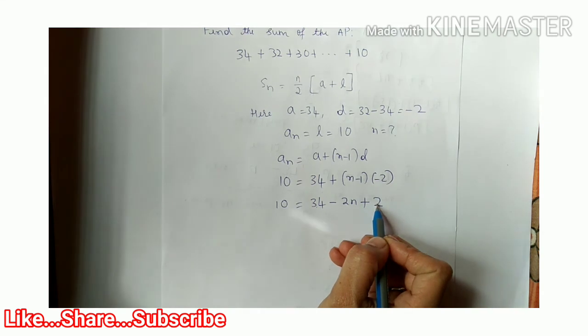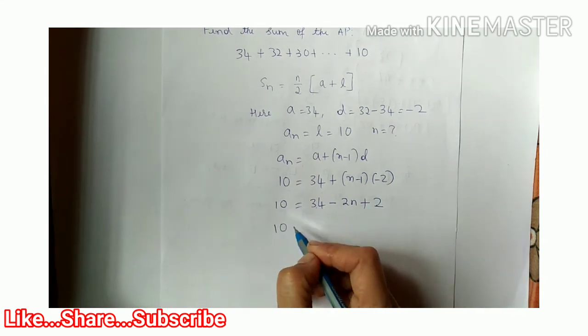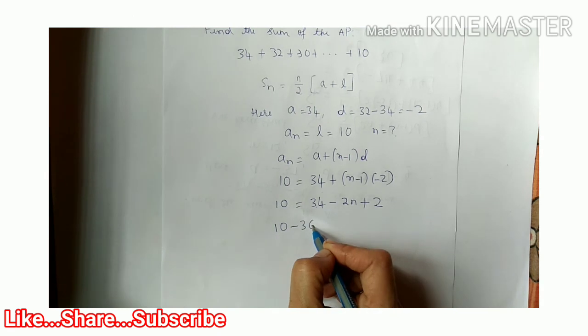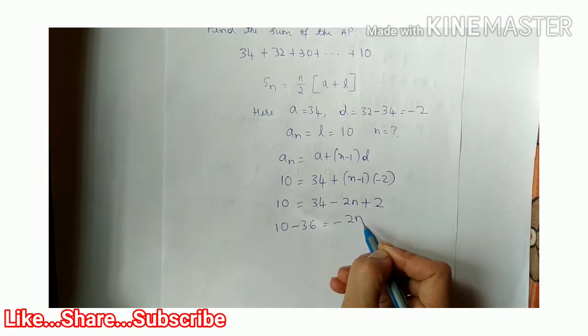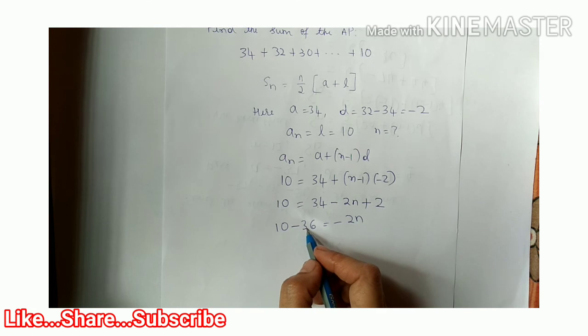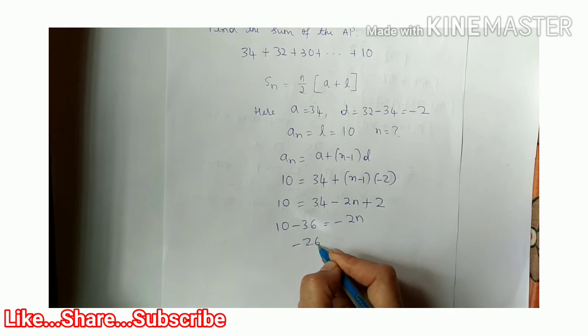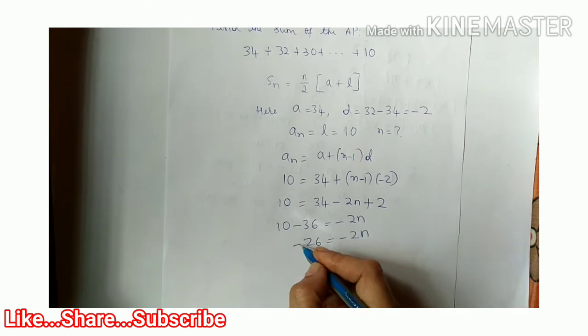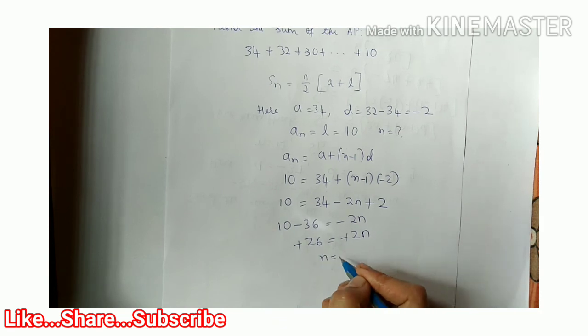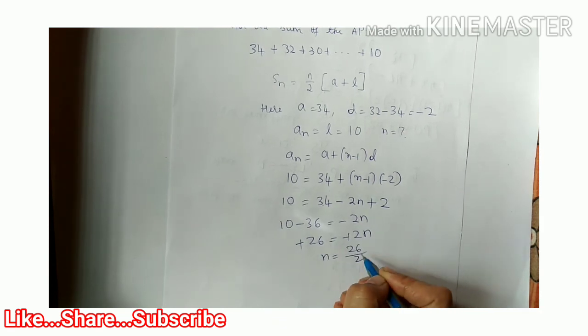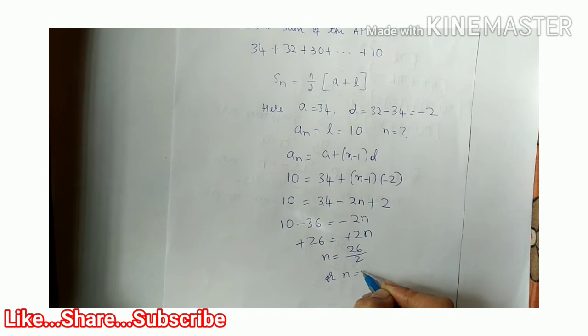Therefore 10 - 36 = -2n, that is -26 = -2n. n = 26/2, or n = 13.